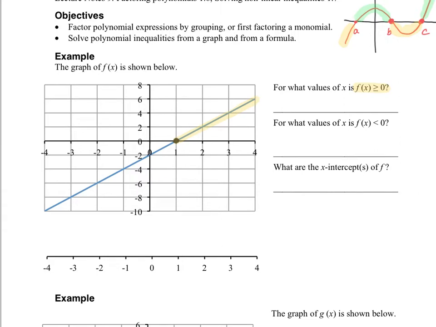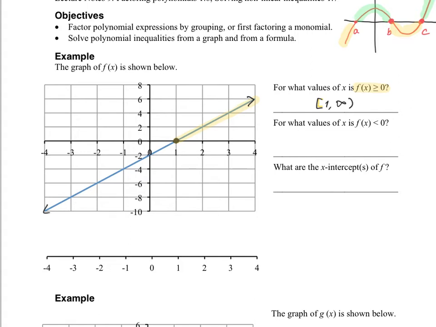So if we write it in interval notation, this is going to go from 1 with a bracket, because at the 1 this gives you 0, and then to infinity because it keeps going forever. Okay, assuming this keeps going forever. Now where is this negative? Remember, negative means it's below the x-axis.